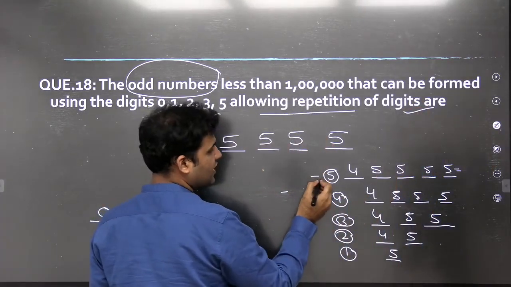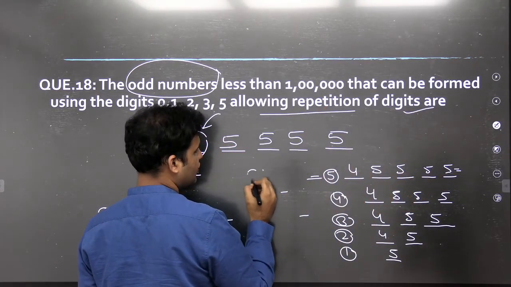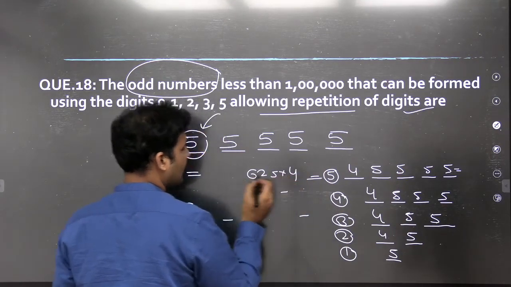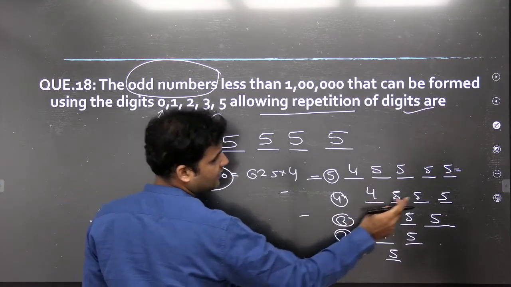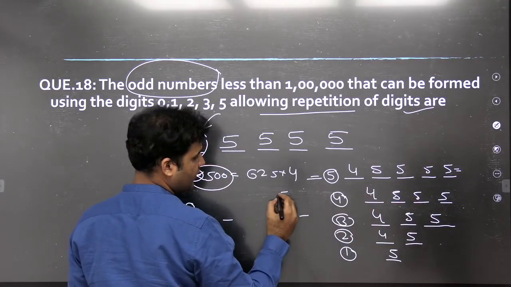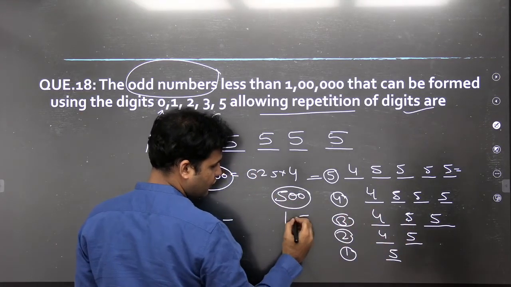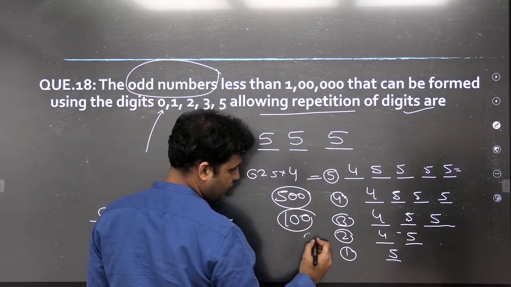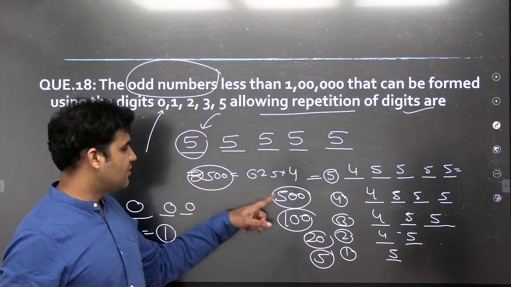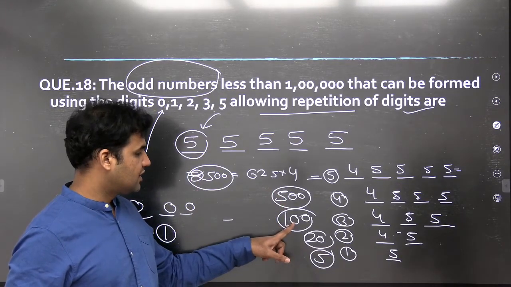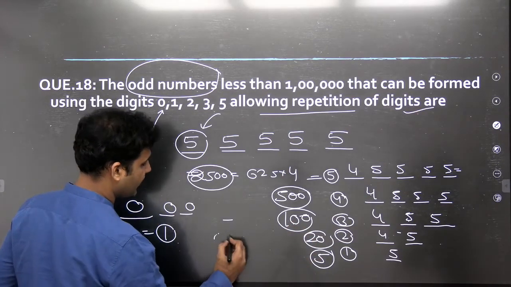If I go for a 5 digit number which will be less than 1 lakh, the numbers will be 25 into 25 into 4, 625 into 4, which is equal to 2500. I have 2500 such numbers, and then 125 into 4 is 500. Then 5 into 5, 25 into 4 is 100, 5 into 4 is 20, and 5. So how many numbers do we have? Check it. 2500 plus 500 is 3000, 3000 plus 100 is 3100, plus 20 plus 5 is 3125, right?